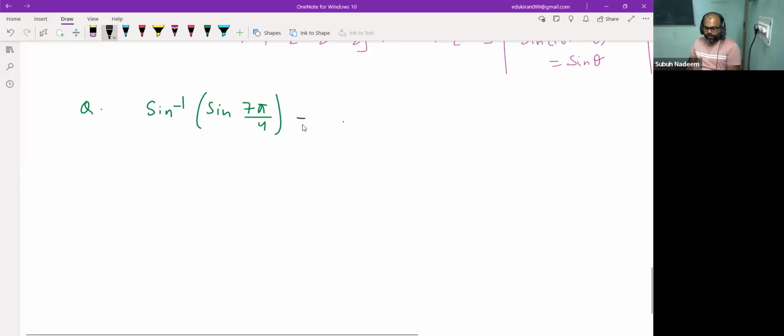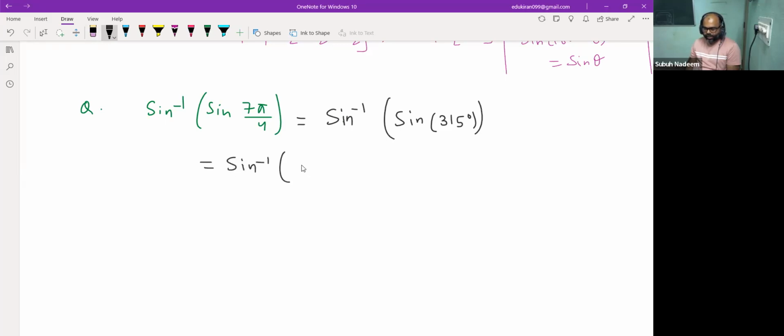Okay, so one method is we find sine 7 pi by 4. Sine 7 pi by 4 means sine 315 degree, if you understand more in terms of degree. But make it a habit to write it in radians, pi terms. So this is 360 degree minus 45 degree.